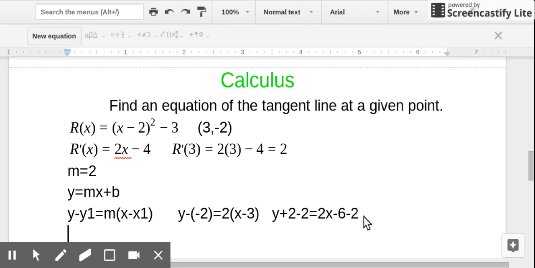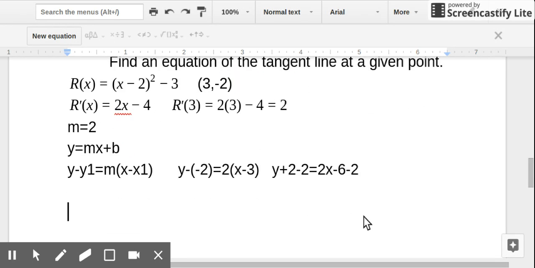Then we simplify, and we end up with y is equal to 2x minus 9. See that? 2x minus 9.